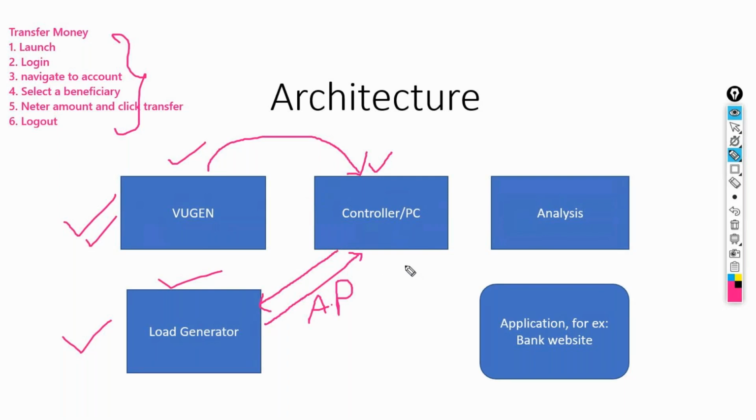After the execution, there is another component called Analysis to analyze the results, where the actual execution happens in the load generator machine. Who will transfer the scripts or files from controller to load generator? Agent process. So these are the different components of LoadRunner architecture.